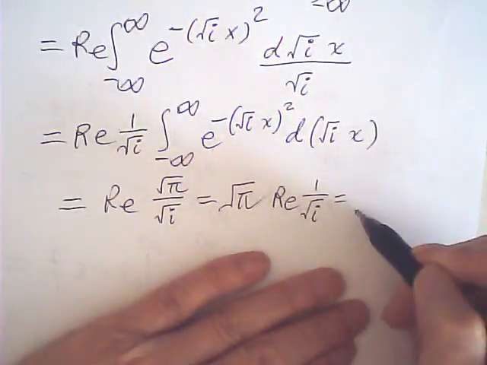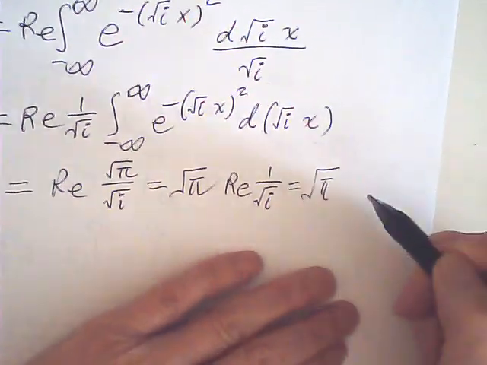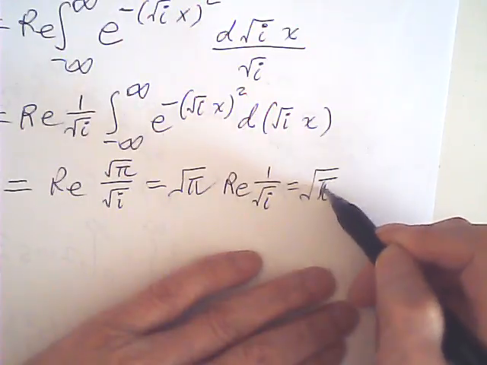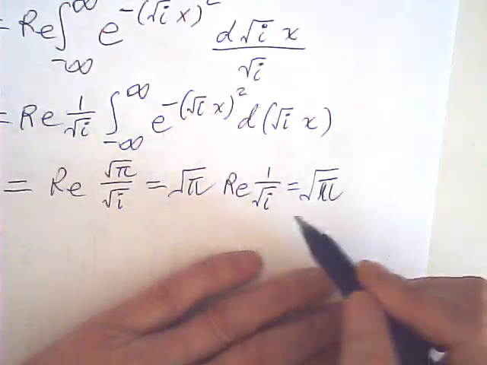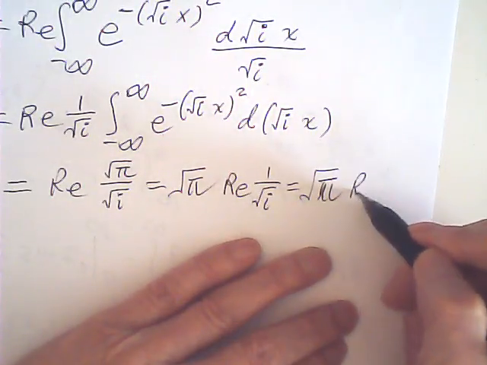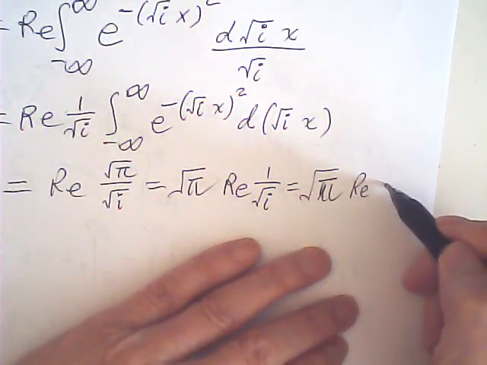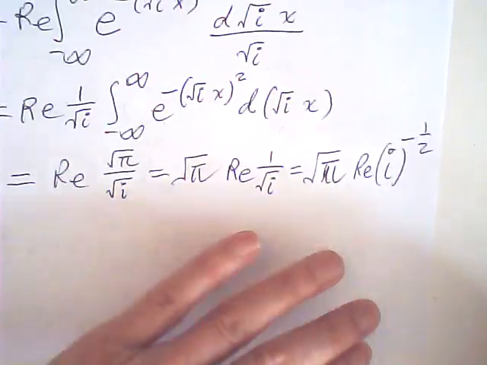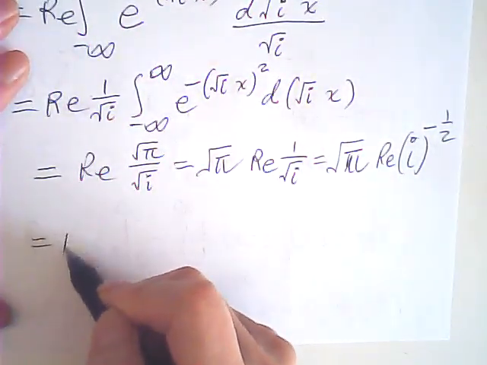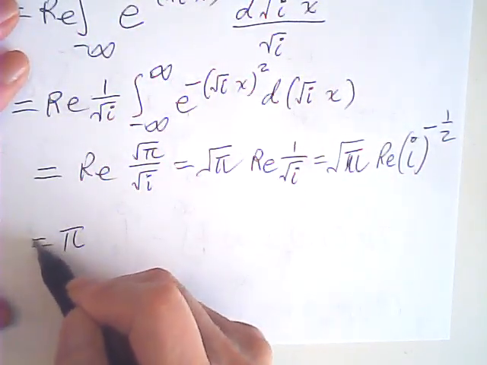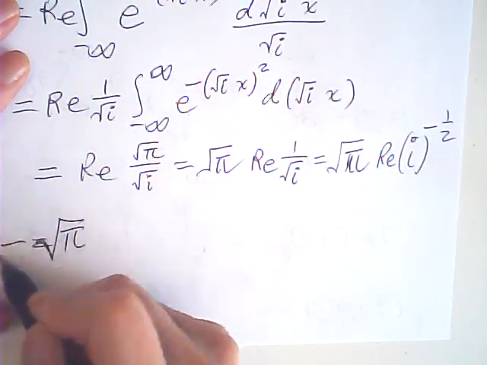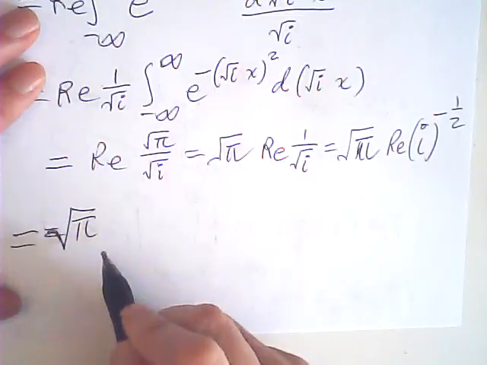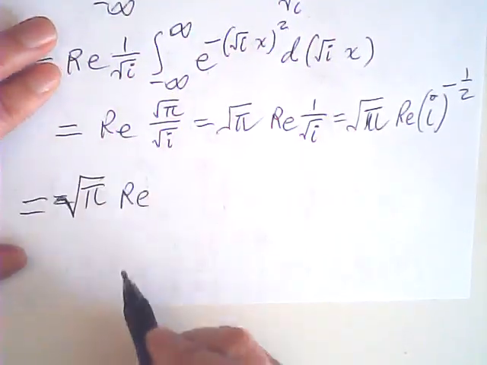So this one is equal to root pi times the real part of i to the negative half.